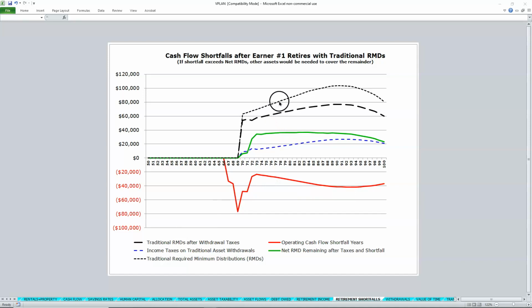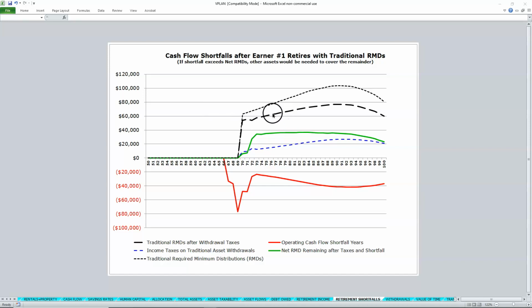The black dashed line that has short dashes is the pre-tax traditional required minimum distributions that we have seen on other graphics. The blue line with medium length dashes is the cash needed to pay income taxes associated with these required minimum distributions. And then the bolder black line with long dashes is the net after-tax required minimum distributions.